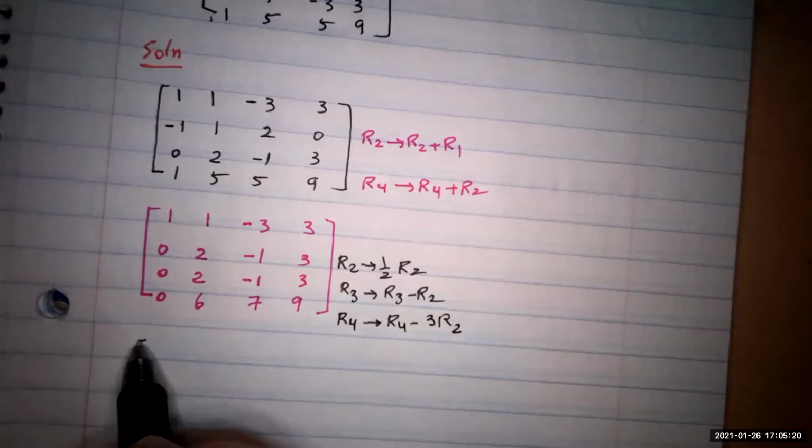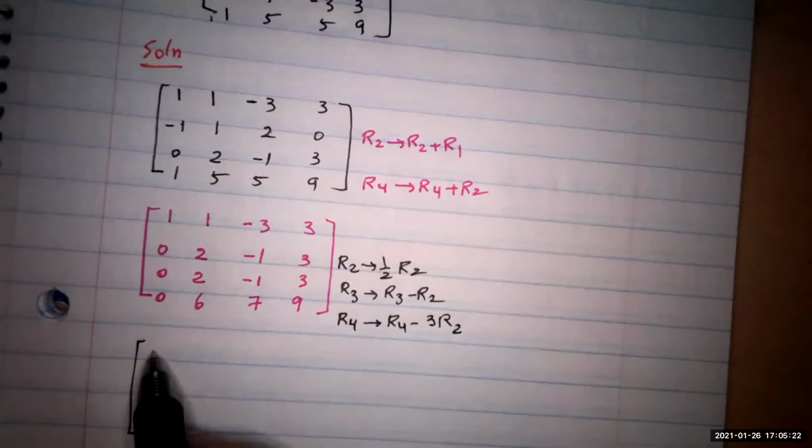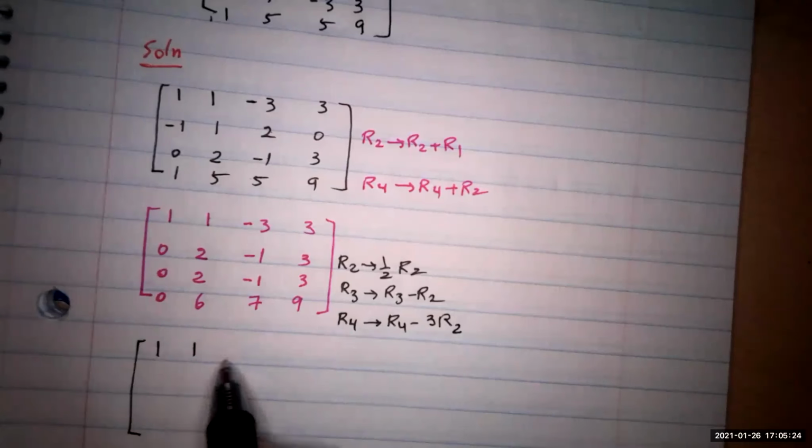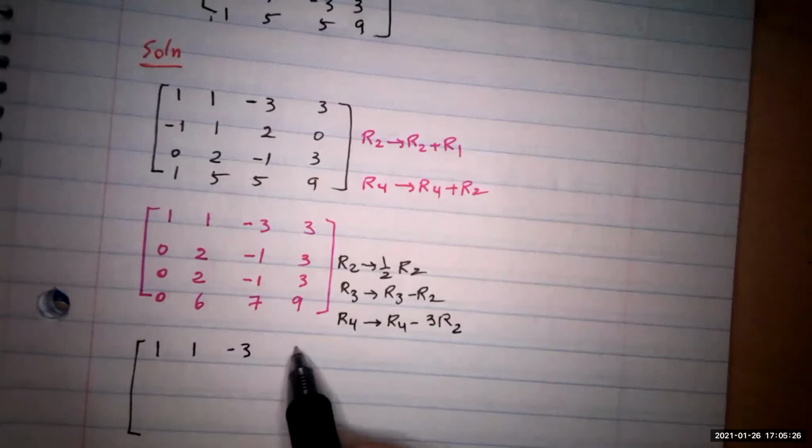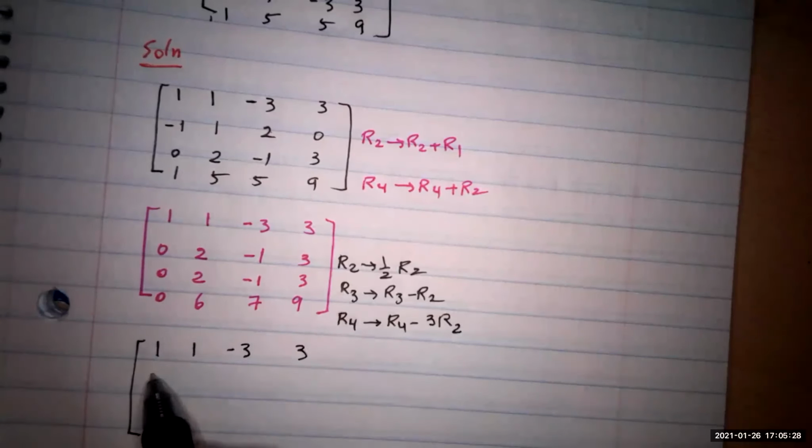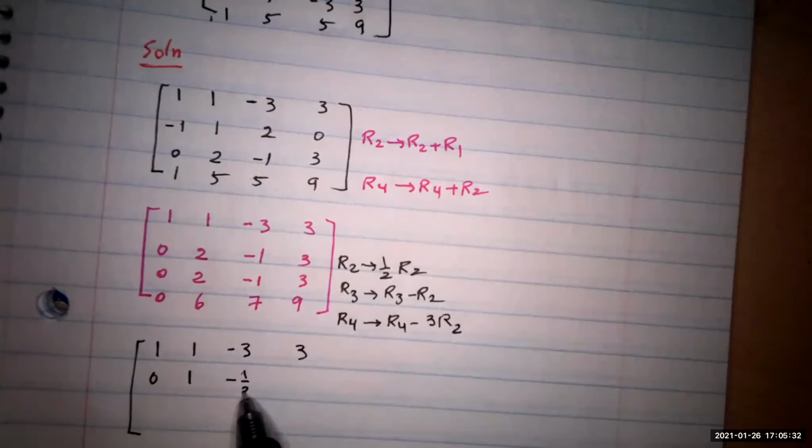So what's going to be the result? The result is that the first one's going to be unchanged. Okay, so this is the first one. The second one you divide it by 2, so that gives you -1/2 and the 3/2.